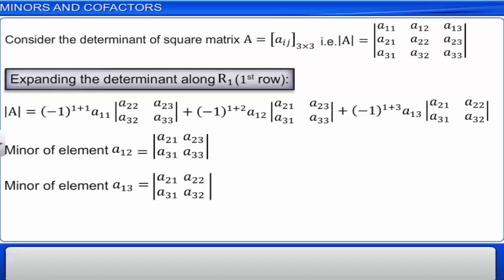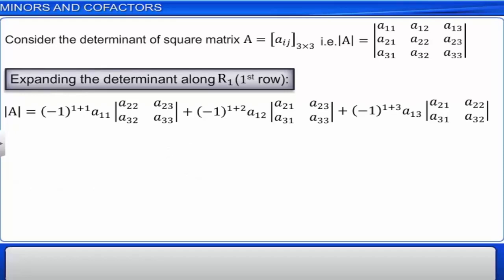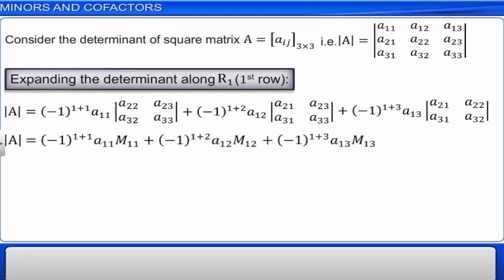Now, let's get back to the expansion of the determinant of A along the first row. In terms of minors, the determinant of A can be written as shown. From this discussion, we conclude that the determinant of A is equal to the sum of the product of each element of a row or a column with its corresponding minor and (-1) raised to the power of the sum of the suffixes.